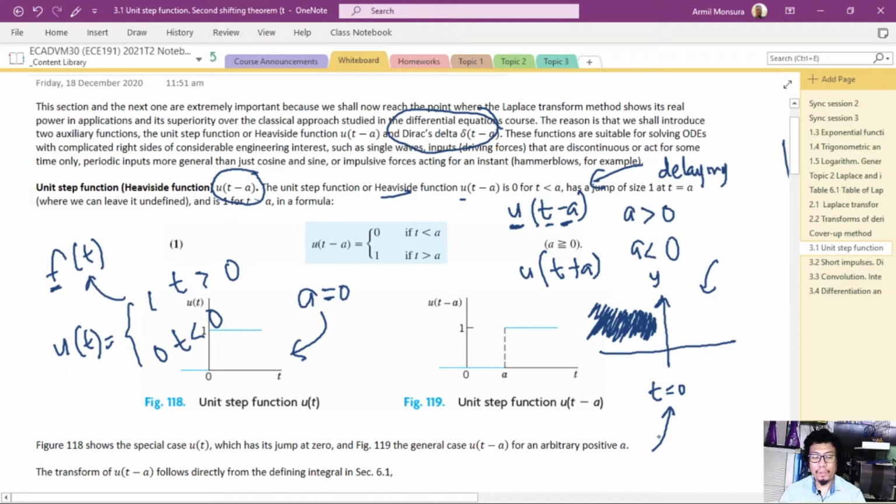It's the moment when you, for example, switch on the signal to the system. Basically that's when you decide to measure things. So that's the significance of time equals 0 here.